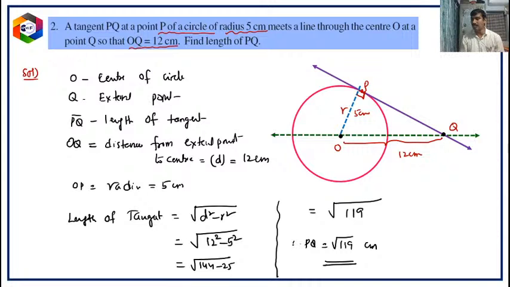If the distance is 13, then the length of the tangent will be 12. But here the distance is 12, it is given. So therefore, no doubt at all, it is root of D square minus R square, root of 12 square minus 5 square, which is 144 minus 25, which is equal to square root of 119.